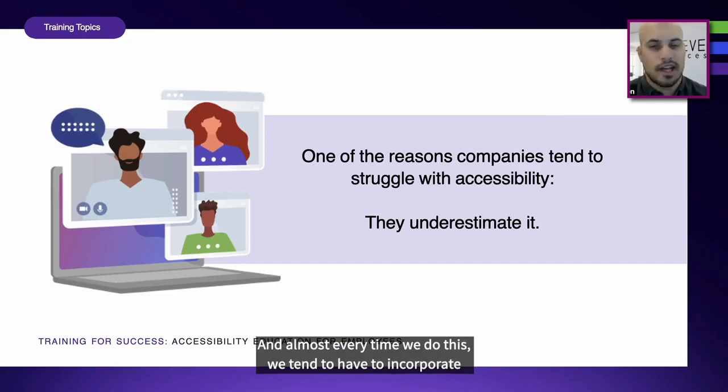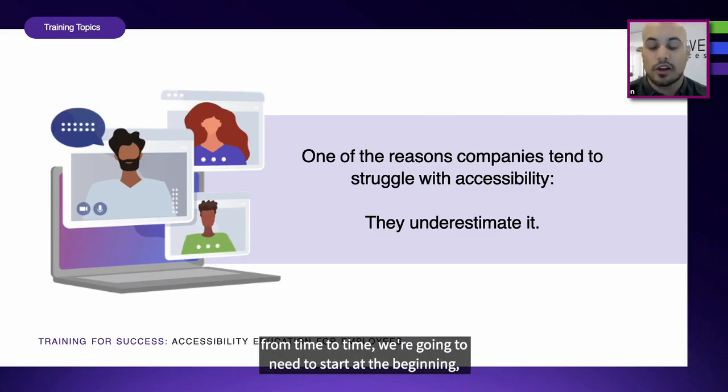And almost every time we do this, we tend to have to incorporate some of that 101 level training back into our curriculum because that's generally where people still tend to struggle, right? And that's totally normal, right? We're going to need that refresher from time to time.